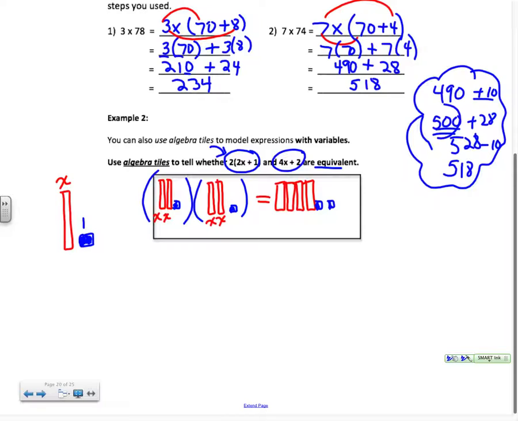So does 2 times 2x plus 1 and 4x plus 2, are they equal? Well, here's 4x's plus 2. So the answer is yes, they are equal. So those two expressions are equivalent. So we get to visualize what that would look like using algebra tiles.